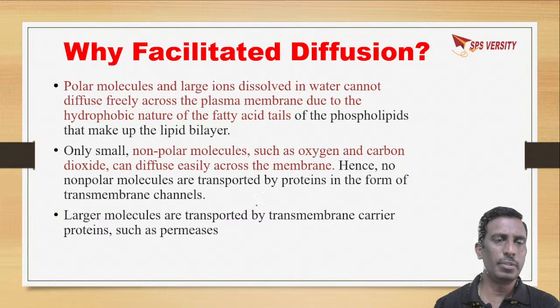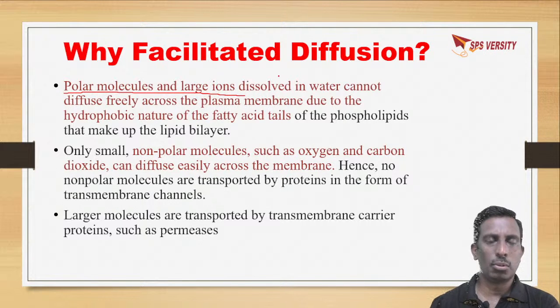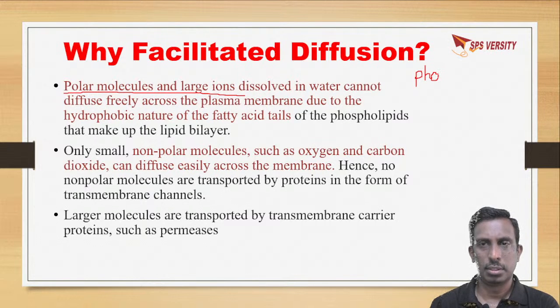So facilitated diffusion is specifically meant for movement of polar molecules and large ions, which are dissolved in water but cannot cross the plasma membrane. Why can they not cross the plasma membrane? The reason is the phospholipid tail, which is hydrophobic in nature.